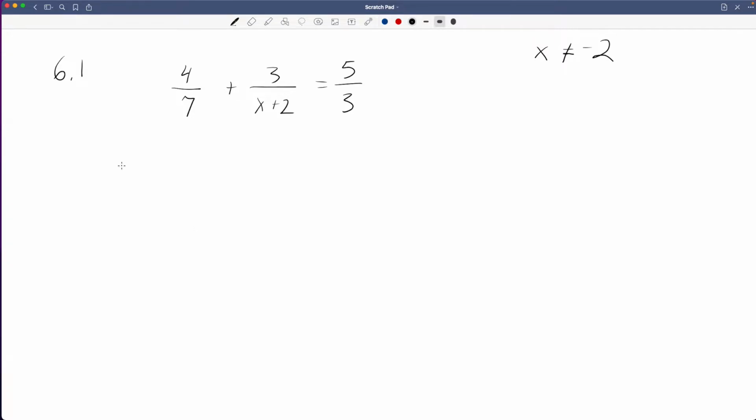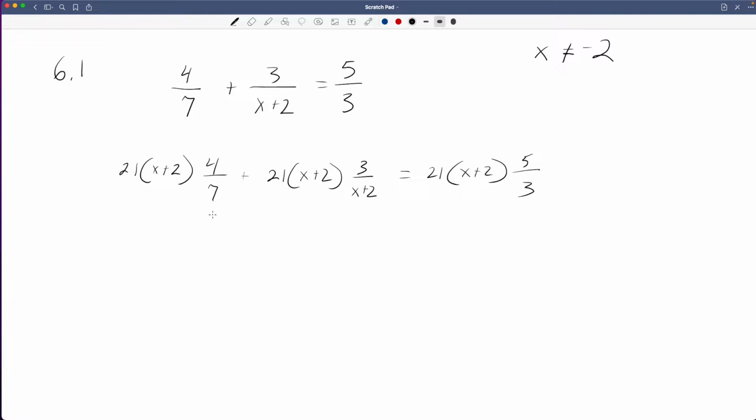We'll have 21 times x plus 2 times 4/7, plus 21 times x plus 2 times 3 over x plus 2, equals 21 times x plus 2 times 5/3.